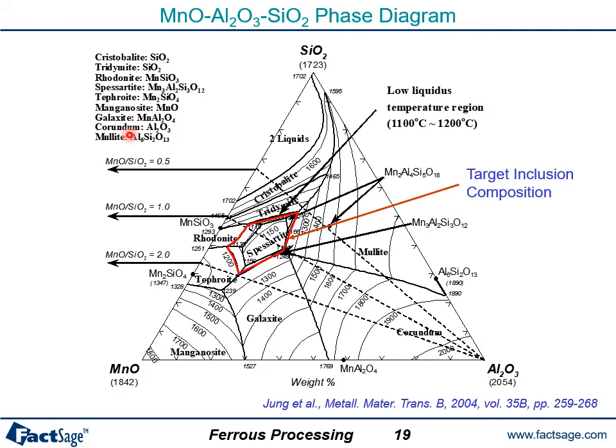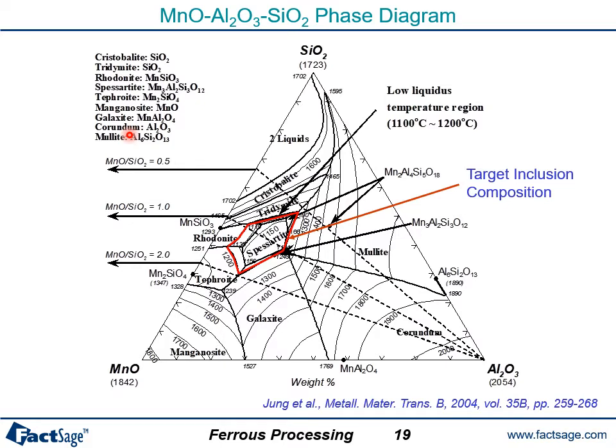Then you are safe. And of course, in the real steel making process, we are not just doing inclusion formation like this. While we are doing the ladle furnace process or any other special refining treatment, we can even further modify the inclusion by reacting with the top slag.